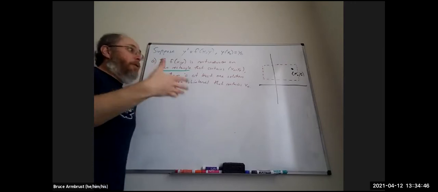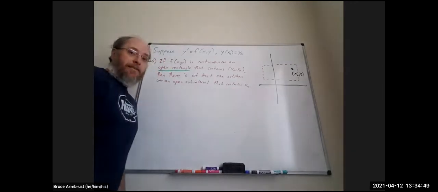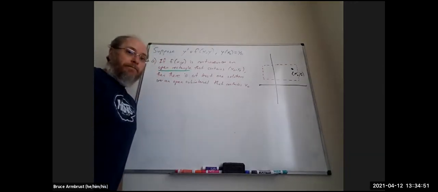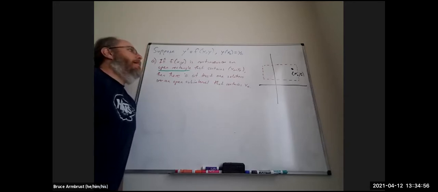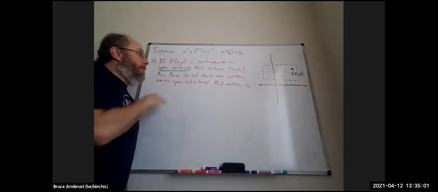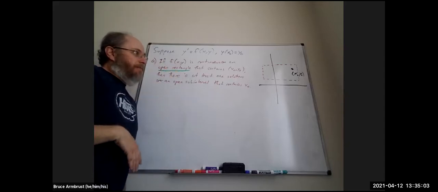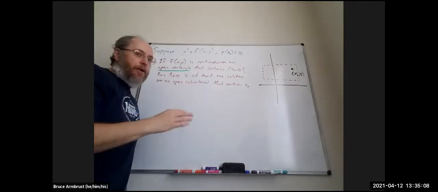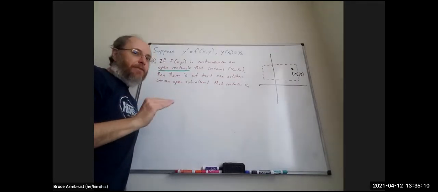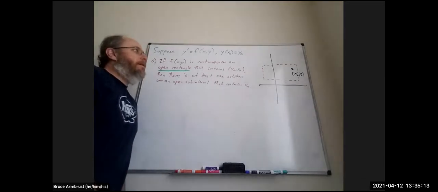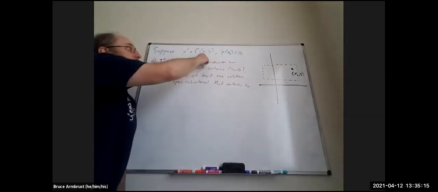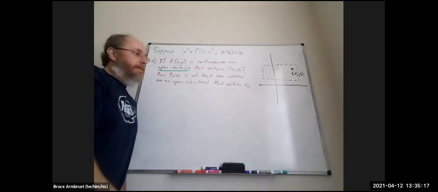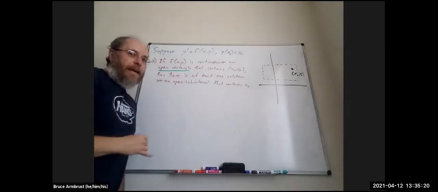So here is an open rectangle that contains x naught, y naught. What we're saying is that if you can create a rectangle about that point where the function is continuous on it, then you're guaranteed to have a solution.